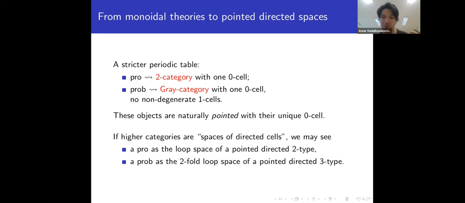So if we have this topological picture in mind, we can see a PRO as the loop space of a pointed directed 2-type in the sense of homotopy theory. And a PROP is a twofold loop space of a pointed directed 3-type. But both these things would apply also to strict monoidal categories and braided strict monoidal categories in general.